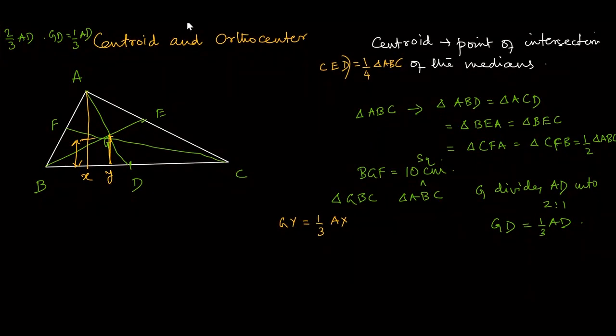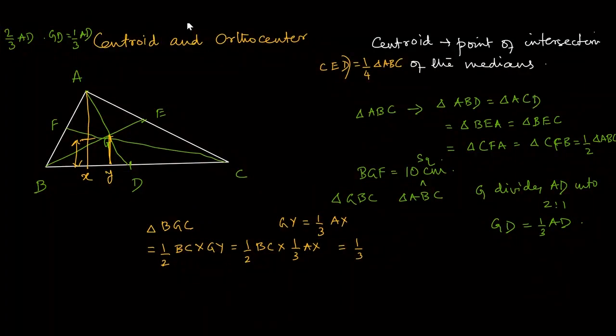So hence the area of the triangle BGC would be half of BC into GY, right? Which is half of BC, and GY is 1/3 AX, right?